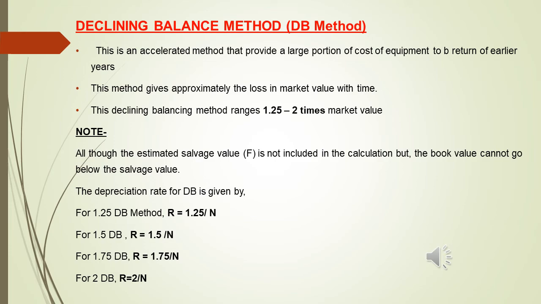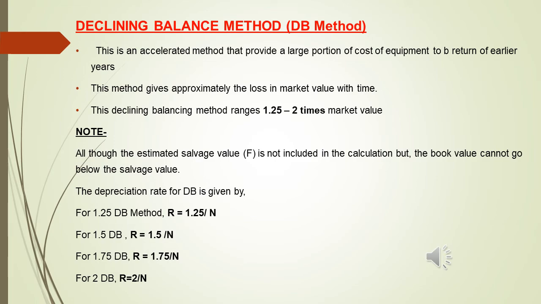So for 1.5 DB, the R value is taken as 1.5 by N. For 1.75 DB, you can write it as 1.75 by N. For 2 DB, you can write the R value as 2 by N. So whatever DB they give, you have to divide it by N. For your problems, they might ask you to solve by the 2 DB method.